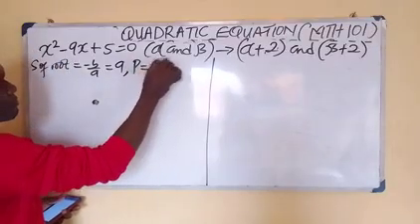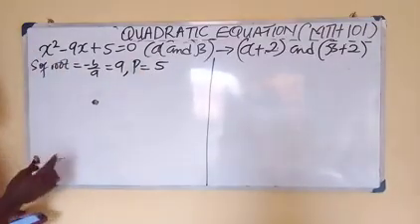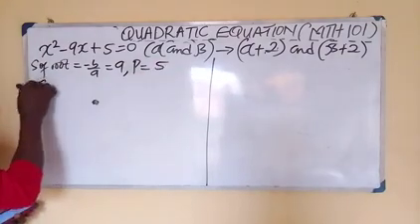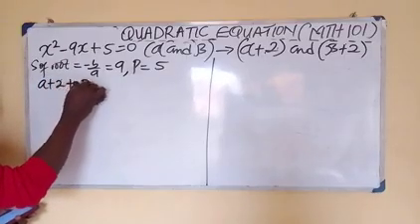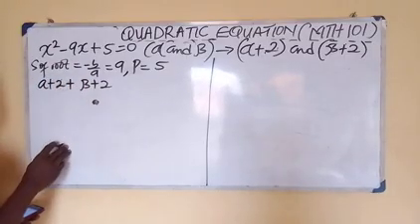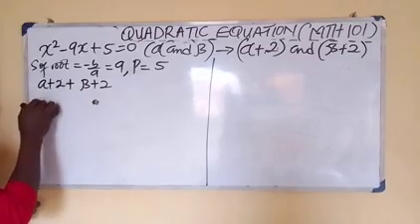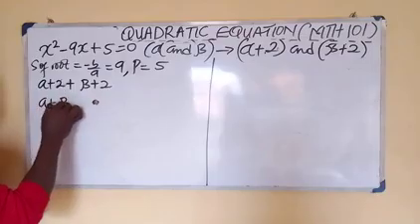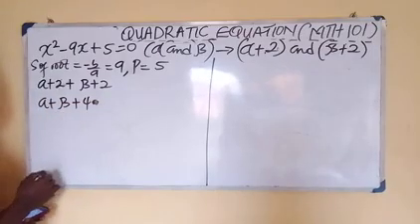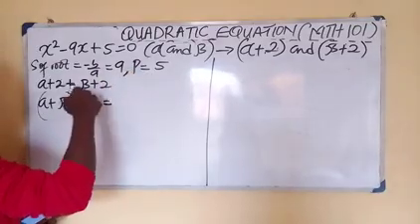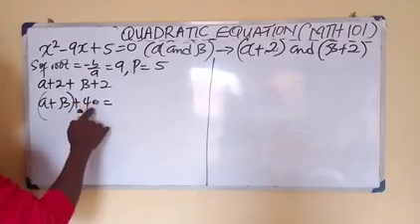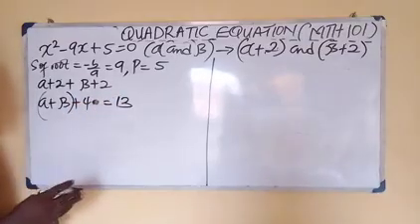So it becomes 5. That is the product. Then what's the next thing? The sum of those guys, that is alpha plus 2, then plus beta plus 2. Therefore, I'll be having alpha plus beta, then plus what? 4. Don't forget that alpha plus beta, what do you get? 9. So 9 plus this 4, I have what? 13. That is the answer.